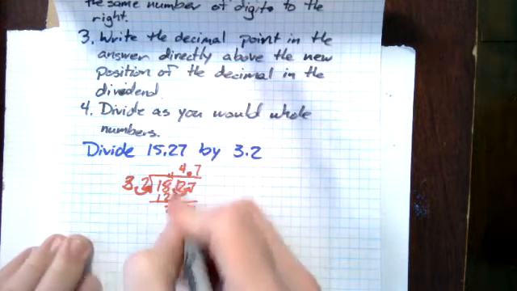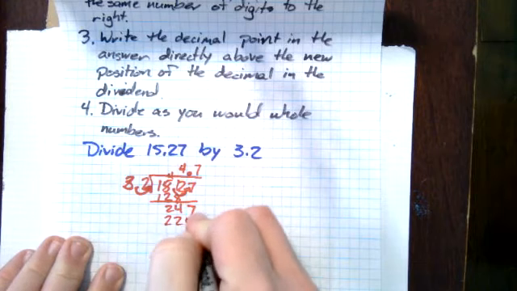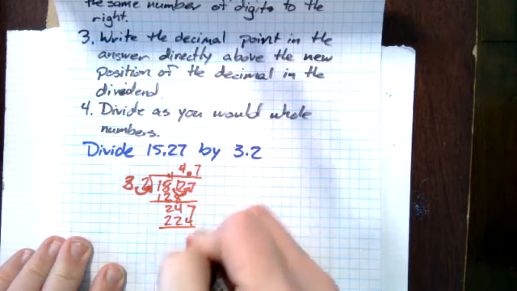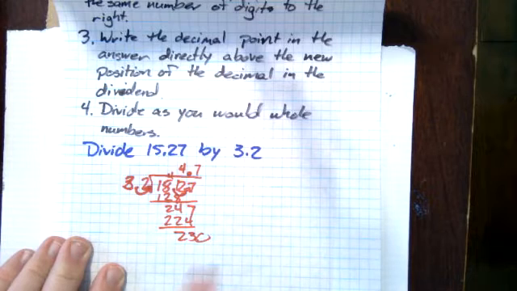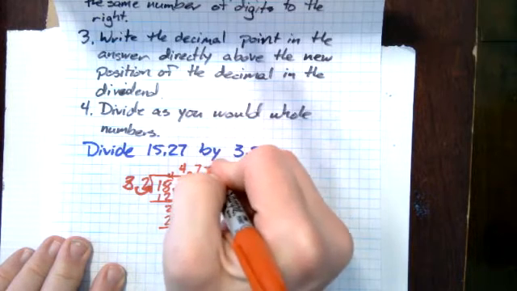That's 224. Subtract 3, 2. Bring down a 0, and I can keep going here. We're not told when to stop. 32 goes into 230, that's 7 times again.